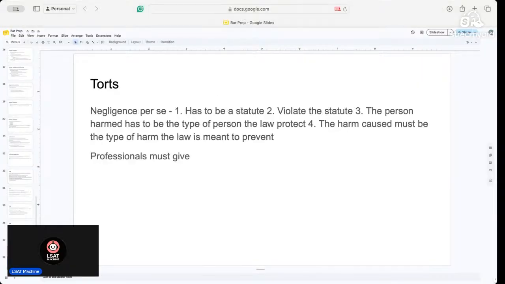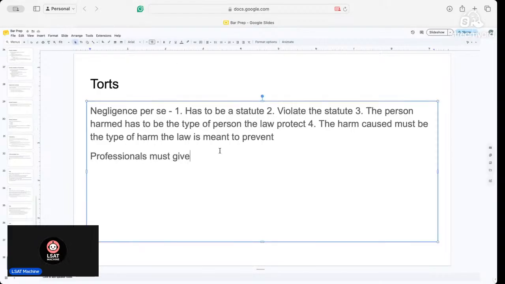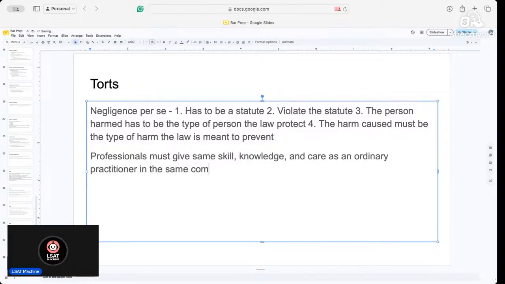Okay, that wasn't exactly right. You can admit evidence of the rules, but the magic phrase you have to have is same skill. Yeah, I was way off. Care as an ordinary practitioner in the same community.